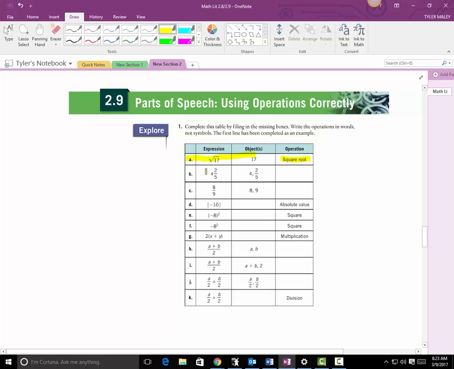So if we look at the second row here, part B, we're looking at 4 and 2/5, and the objects here are 4 and 2/5, and the operation between them, right? We can think of 4 and 2/5 as 4 plus 2/5, right? 4 and 2/5 more. So the operation in between those, we can think of as addition.